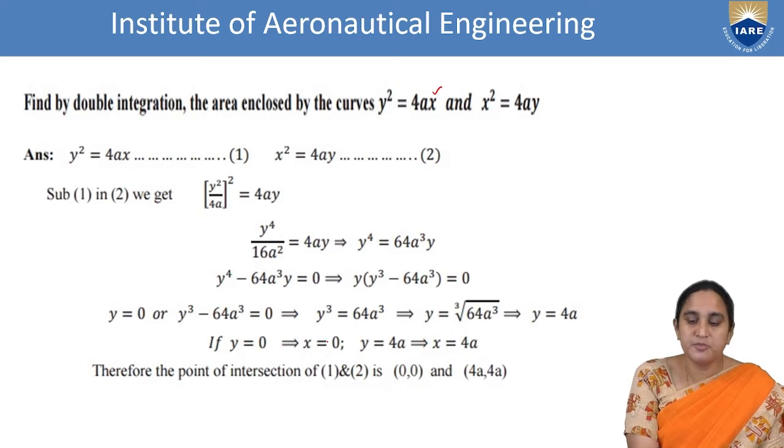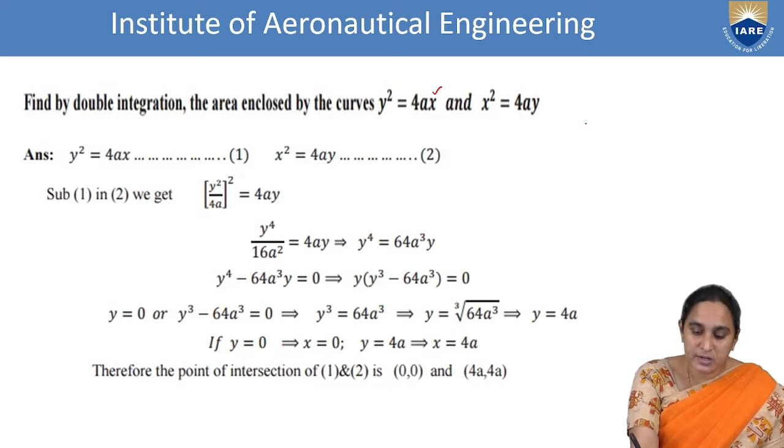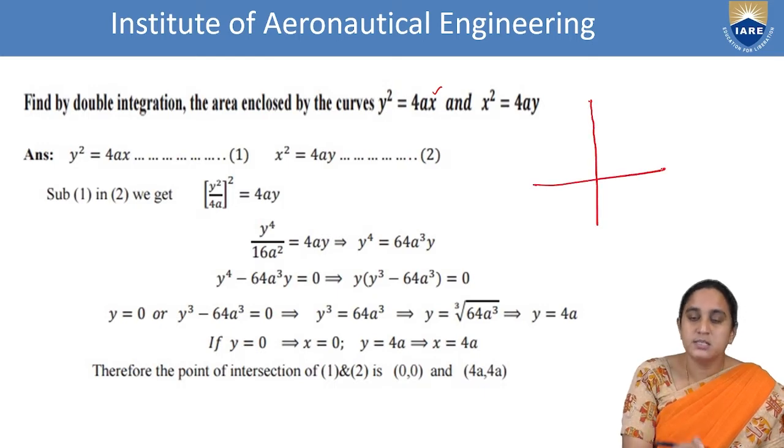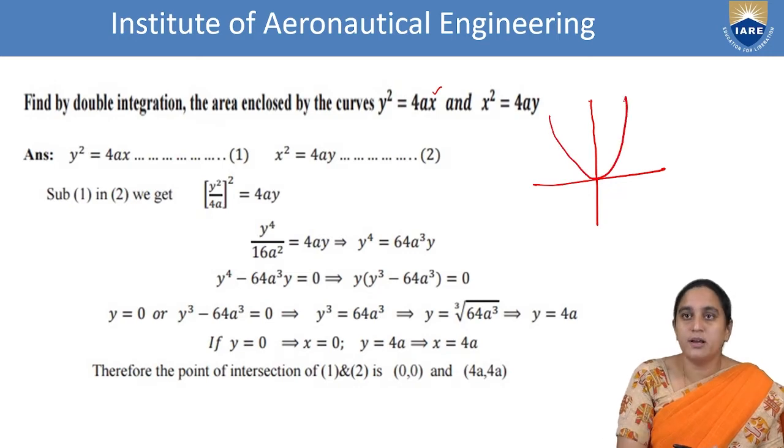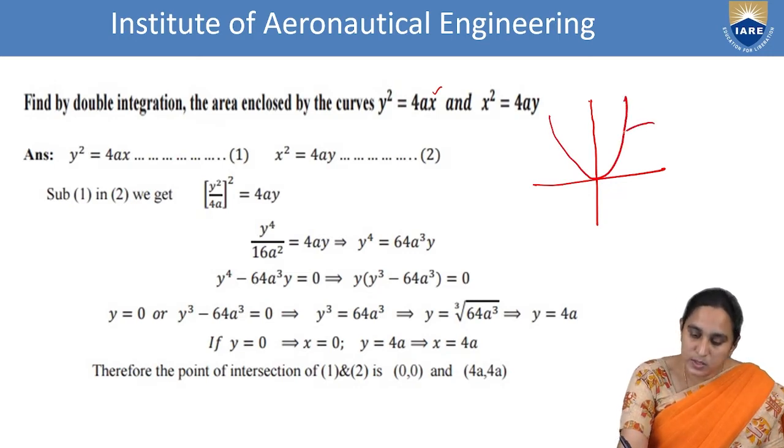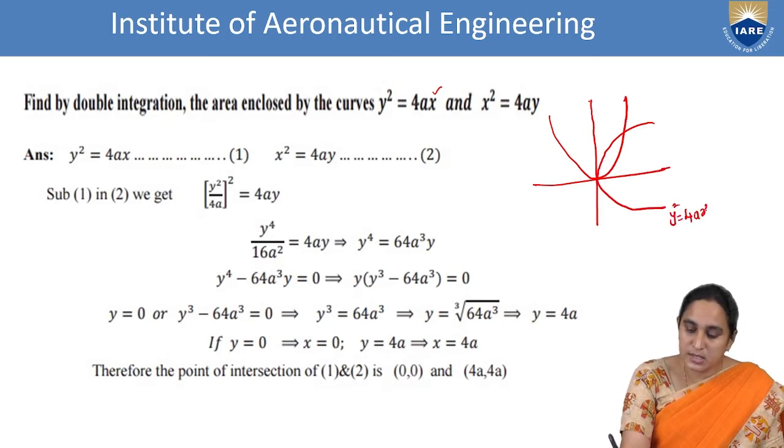What is the form of the two parabolas? Roughly I draw the diagram here, same as the previous question. This one is y square is equal to 4ax and this one is x square is equal to 4ay.